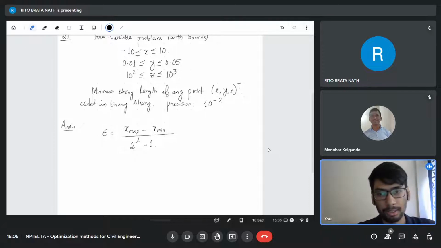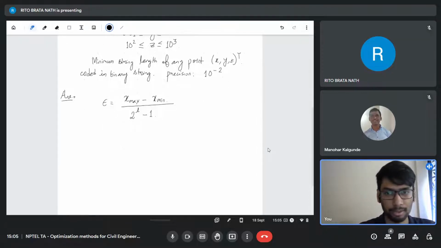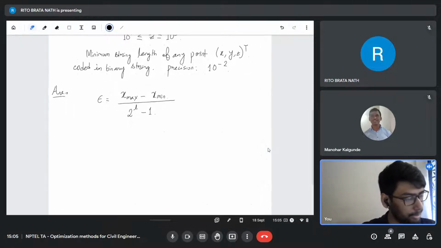So let's solve this. This epsilon is the same across all three variables that I have mentioned. This L will vary and the bounds will also vary. Suppose I denote the length for the x variable as Lx.